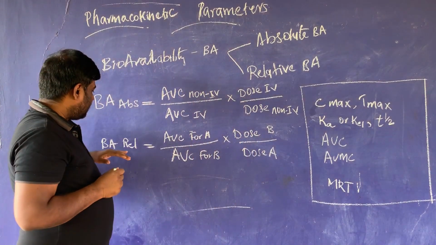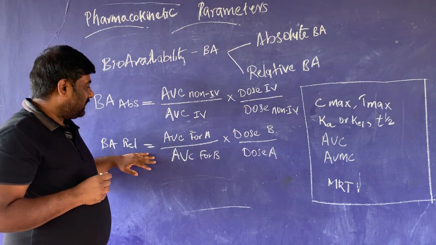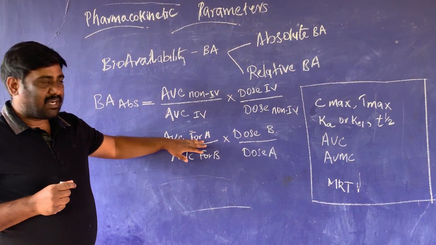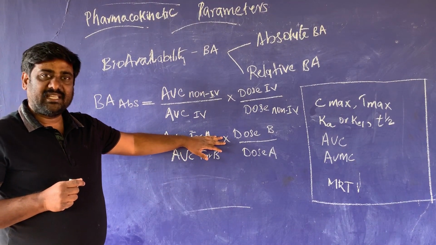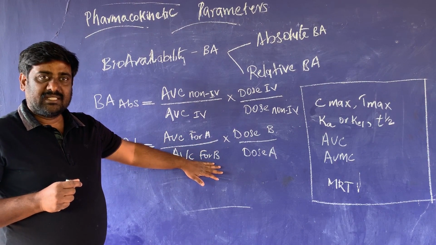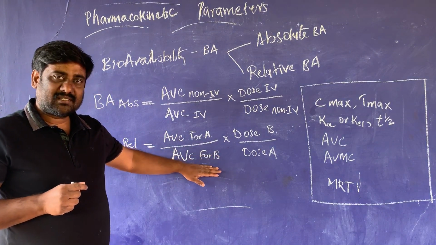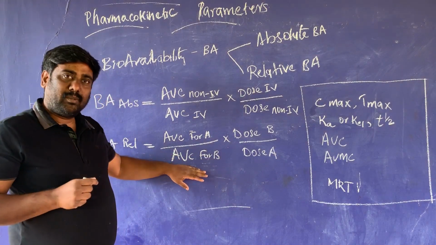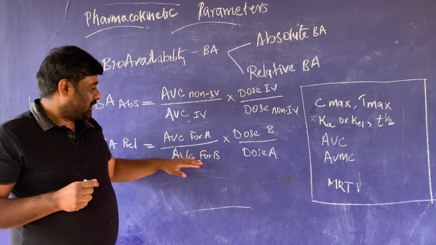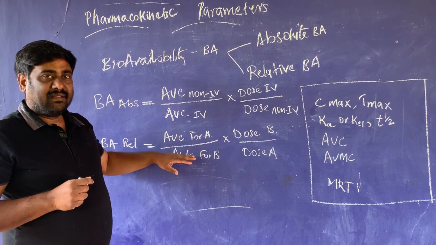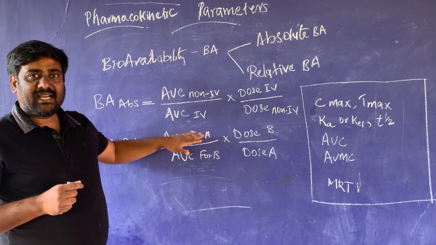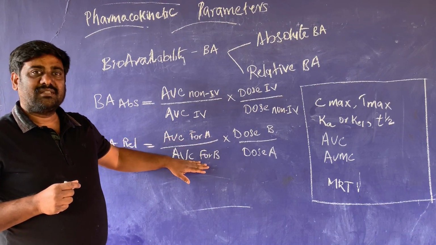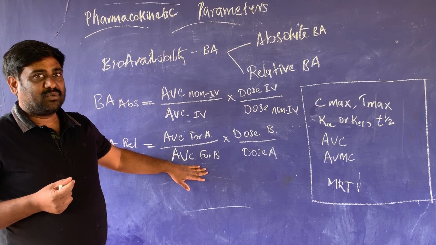The second is called relative bioavailability, which is nothing but comparing the AUC of formulation 1 or formulation A with formulation B. Here you must know to differentiate the relative bioavailability from bioequivalency. In relative bioavailability, we are comparing formulation A and B. Formulation A is a different dosage form and formulation B is another different type of dosage form.